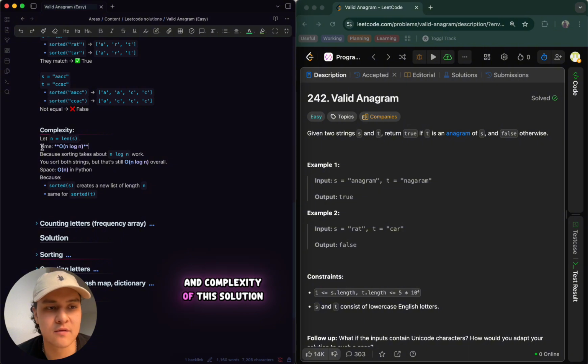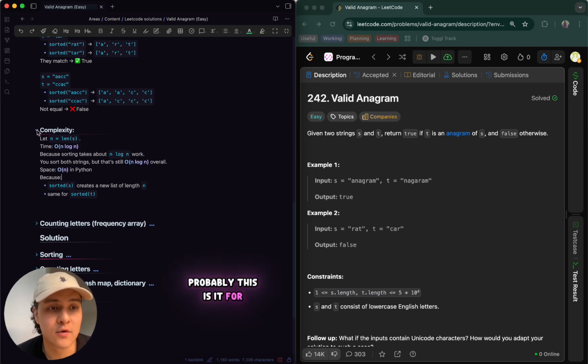The complexity of this solution is O(n log n) for time, because sorting takes about n log n, and in Python space is O(n), because sorting both strings allocates a new list of length n.